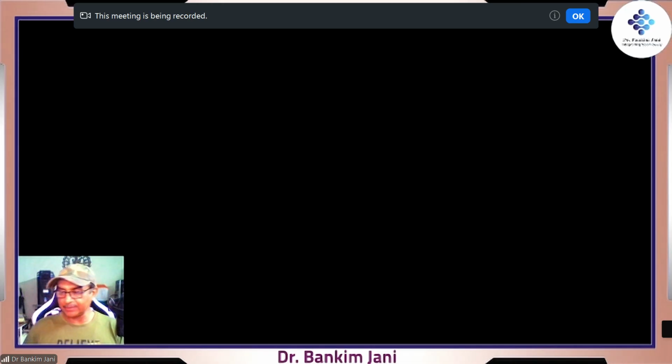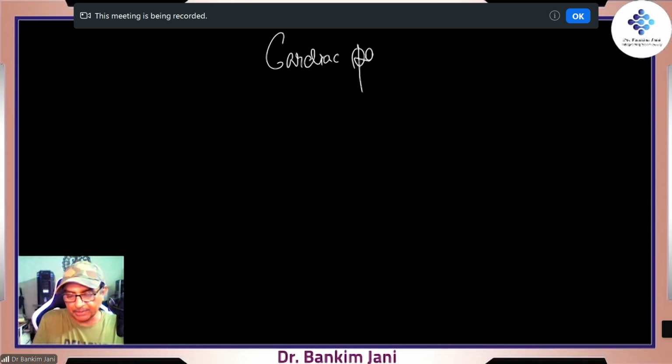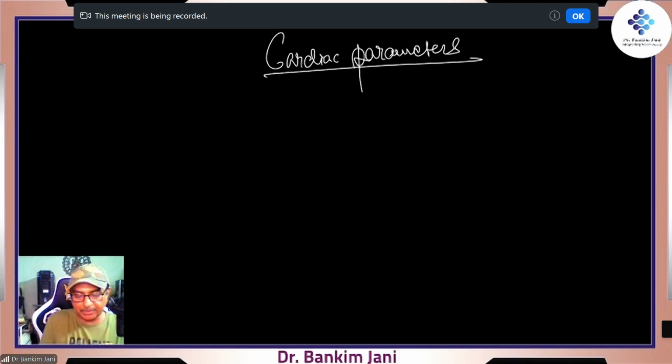Right? So here we start with the cardiac parameters which are already known to you and which are quite easy to understand. Right? So first parameter coming up, these are the cardiac parameters. The first parameter, and that thing is nothing but cardiac output.